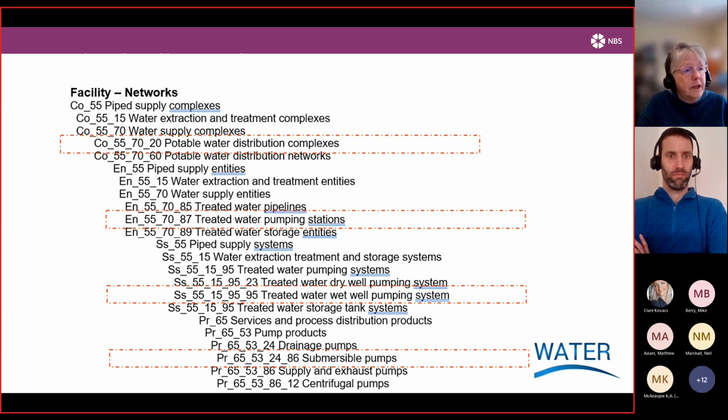So obviously your primary function is to manage the water supply and treatment, or the wastewater collection and treatment. But within your estate, you will also have buildings that need more maintenance, more in line with other industries and office blocks.